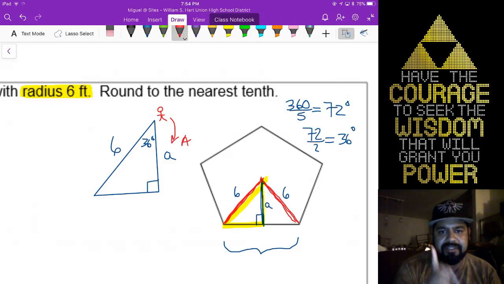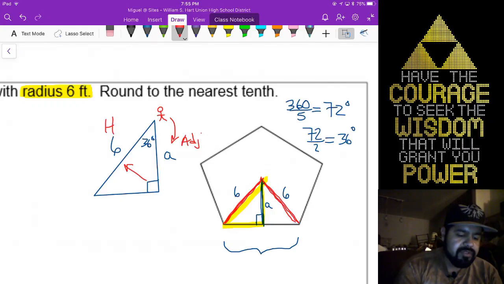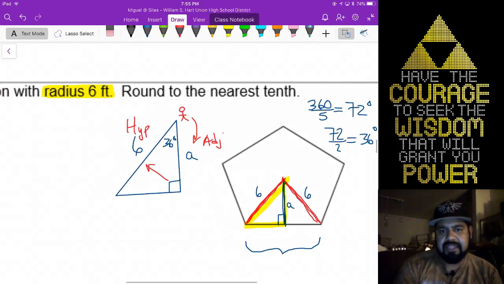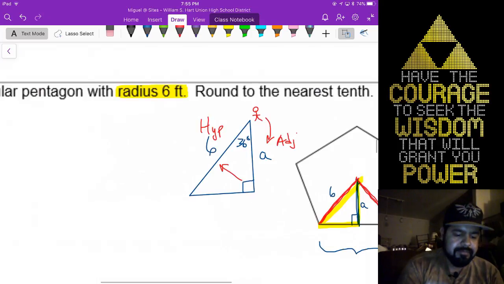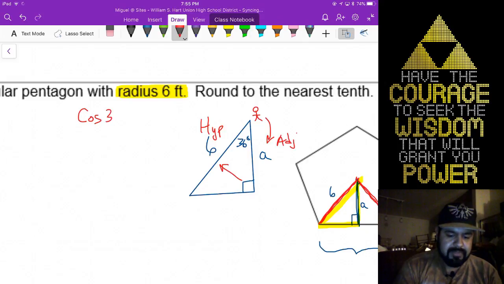So if you think back to SOHCAHTOA, you should know what trig you're going to use for this one. And it should be cosine. So we will say cosine of 36 degrees equals the adjacent over the hypotenuse, which is my a over 6.